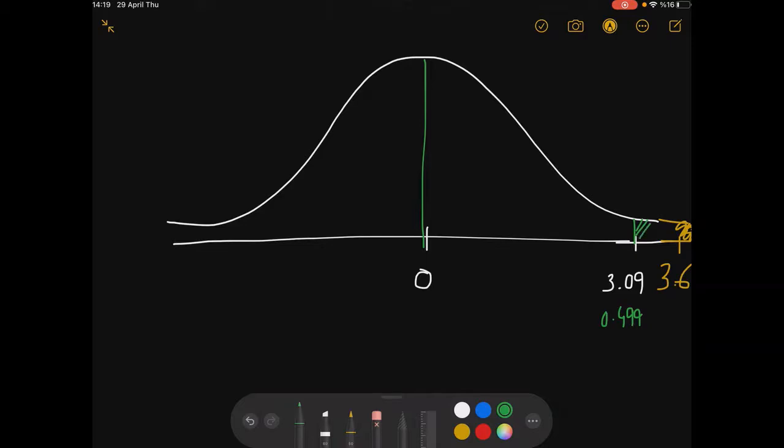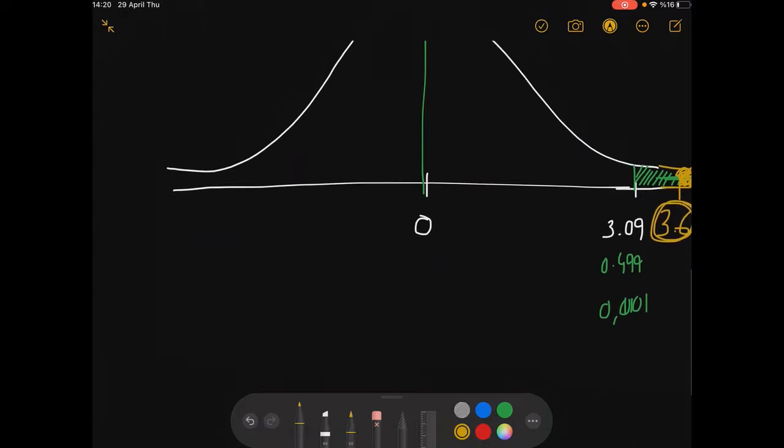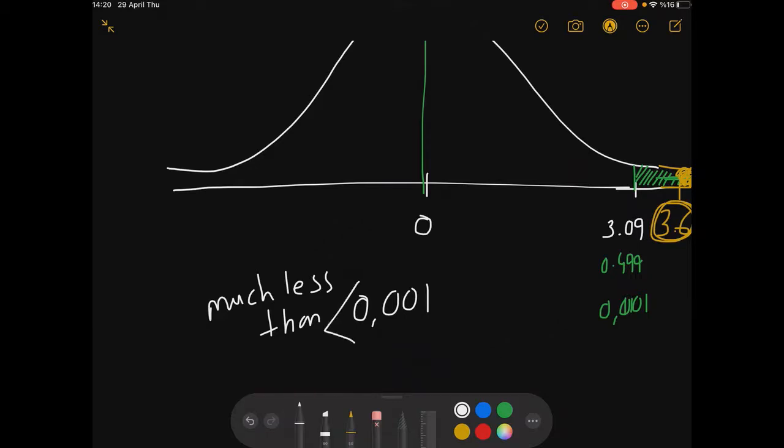So this part, up to infinity of course, would be 0.001, this green one. But how about the yellow area right here? It is much less than 0.001 probability right here. So much less than this, okay?